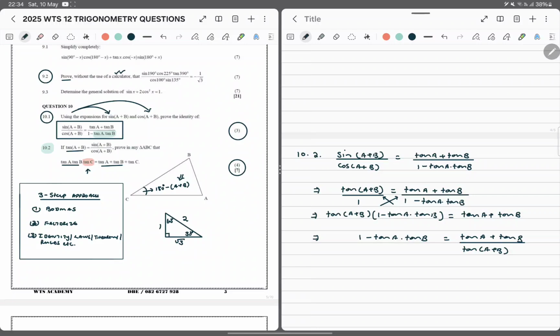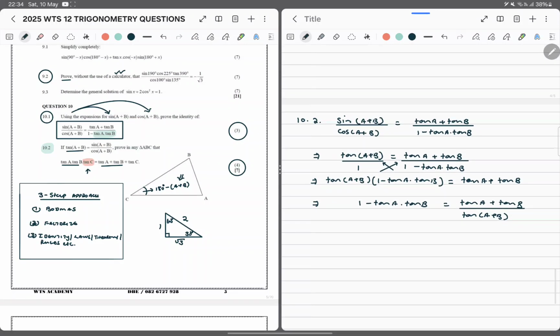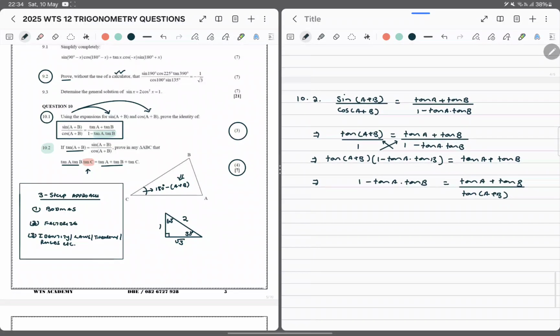It feels like heat. Sometimes you want to cry, but don't cry just yet. Just wait a bit, okay? So folks, we can appreciate that we can easily transpose this dude to the other side, and then transpose this dude to the other side and rearrange.